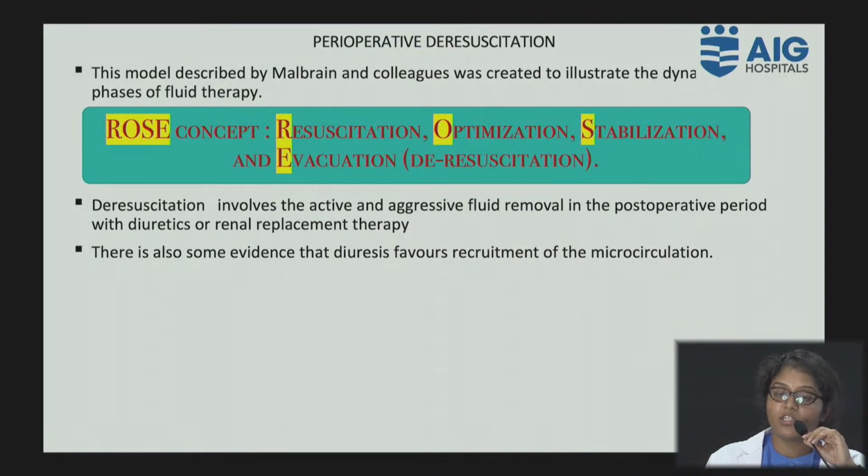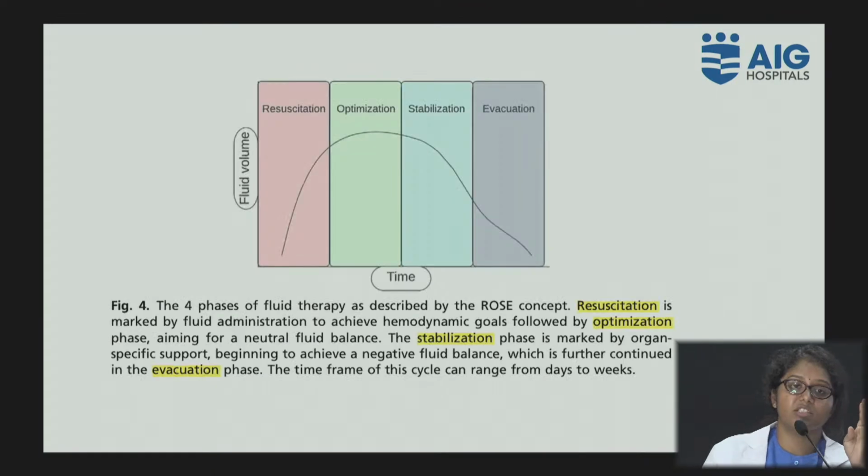Coming to perioperative deresuscitation, this model is described by Malbrain and colleagues. And there is a ROSE concept called resuscitation, optimization, stabilization, and evacuation. So if we see here, resuscitation, this is an aggressive phase wherein volume will be administered to the patient in order to treat the perioperative hypovolemia. Optimization, wherein we start for a plateau phase and aiming for a neutral fluid balance.